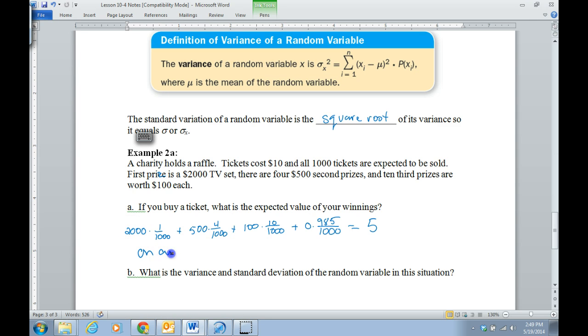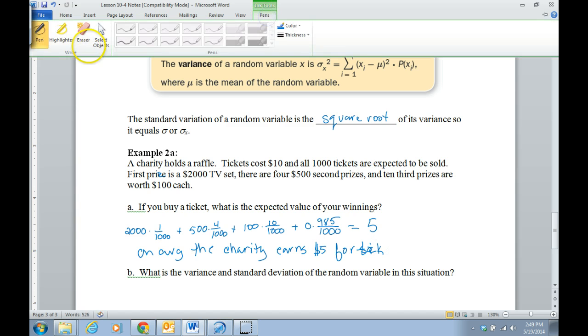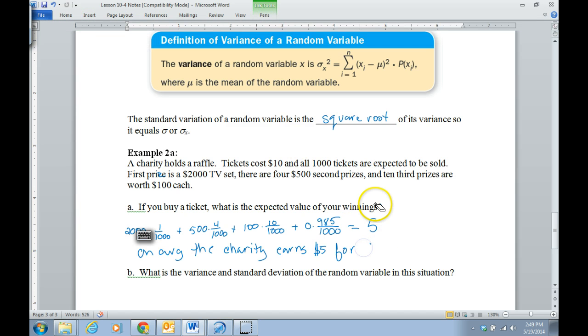On average, this is still for A, the charity earns $5 for each ticket sold, because they were sold for $10.